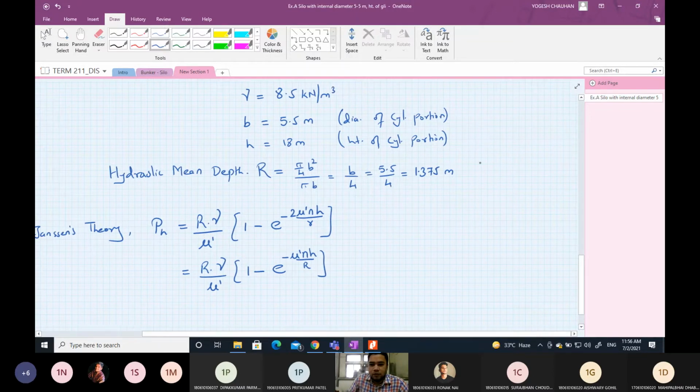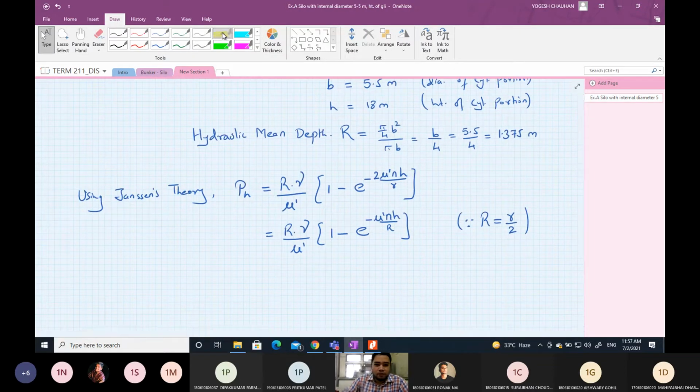Simply you can also write, because hydraulic mean depth R is equal to R by 2, radius by 2, that in our case it would be this 1.375.